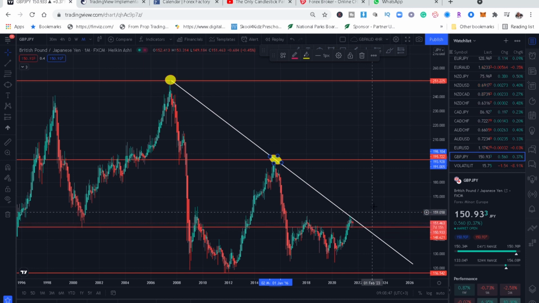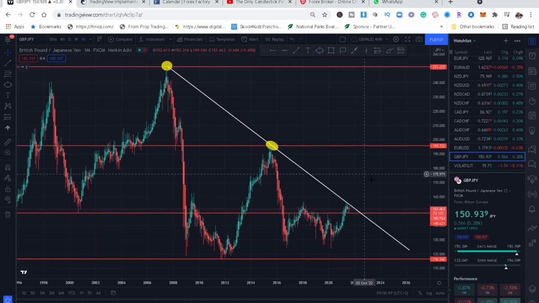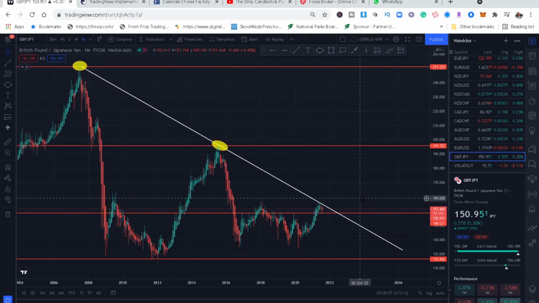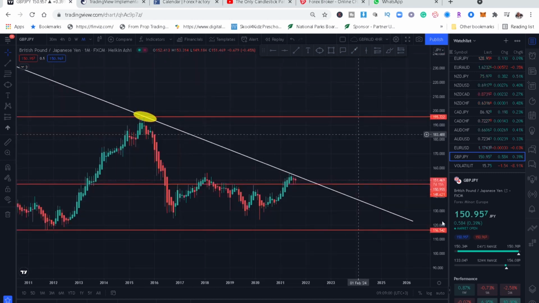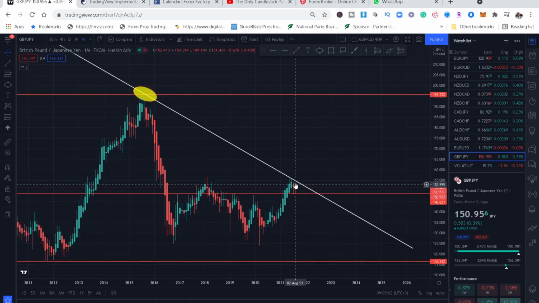So it is very easy to identify zones that are very important in the chart. Whoever marked this, they knew automatically there will be a reaction. And as you can see, let me just zoom it. You can see that's what happens. There's a reaction here. So we can just put that as our target place.